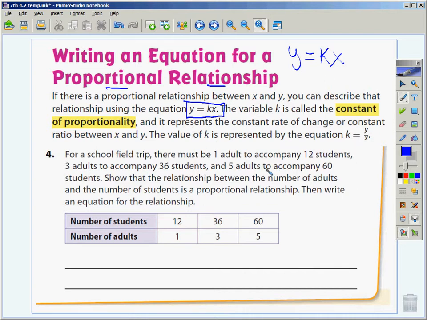The only thing that you need to write it is k. And there's the other equation. You find k by doing y divided by x. Write this one down where you can see it. y divided by x.